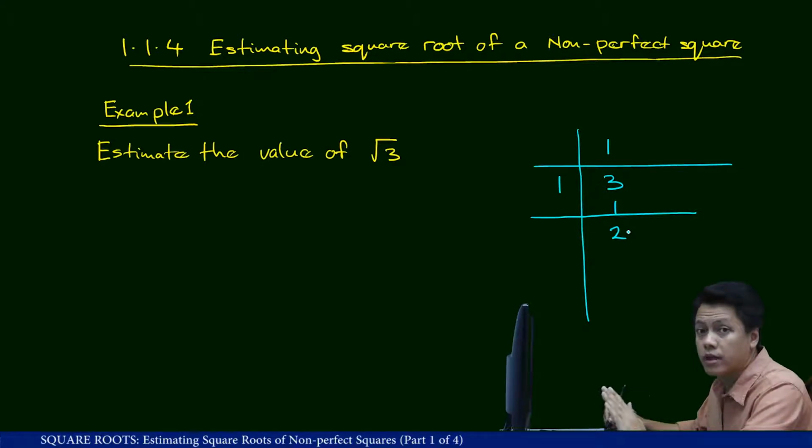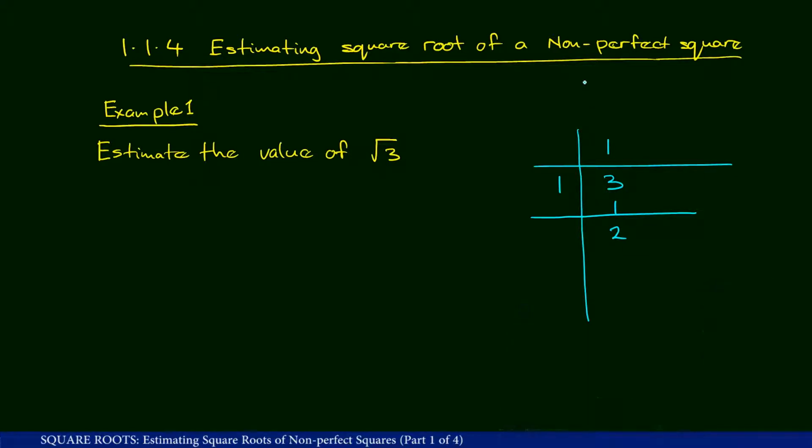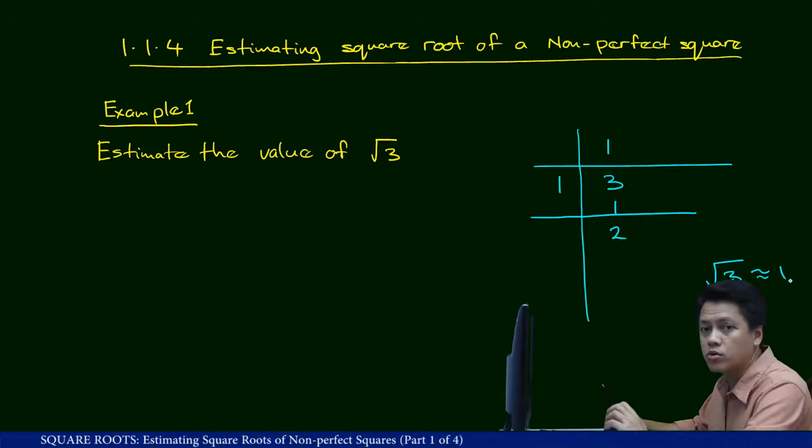So that is our first estimate, which is square root of 3 about equal to 1. So square root of 3 is roughly equal to 1. And this is far from being accurate because 1 squared is equal to 1. It's really far from the value 3. Let's just tabulate our result.